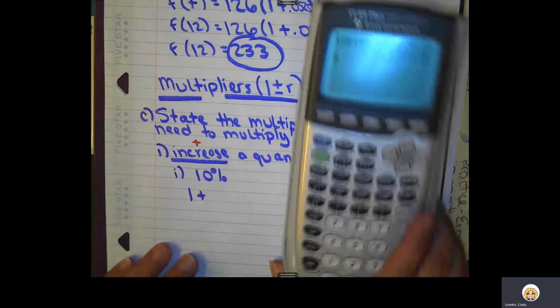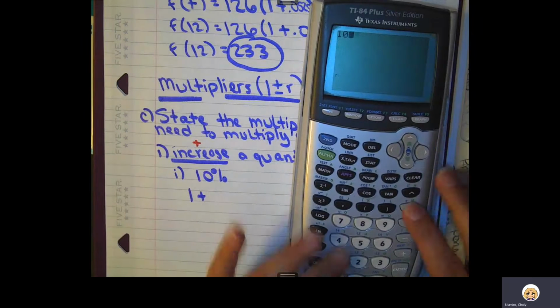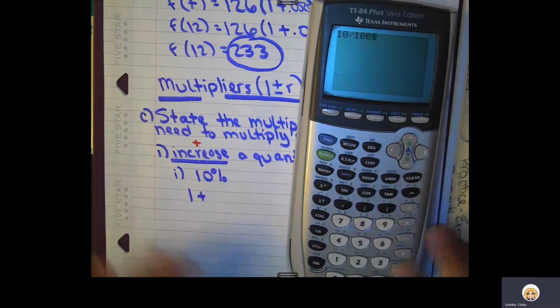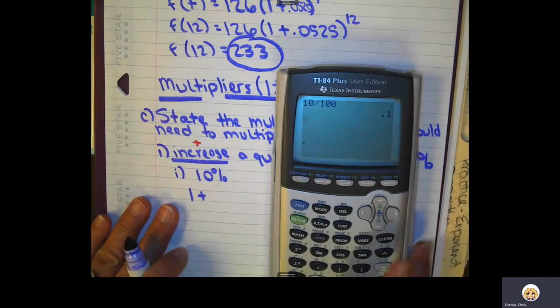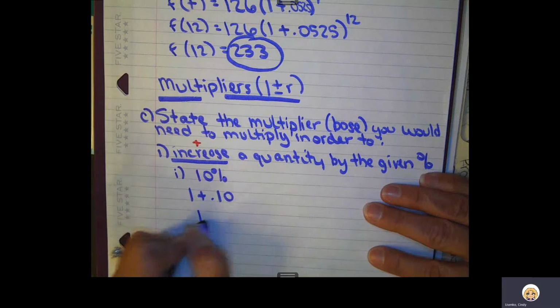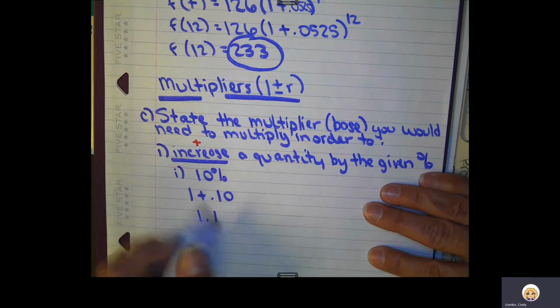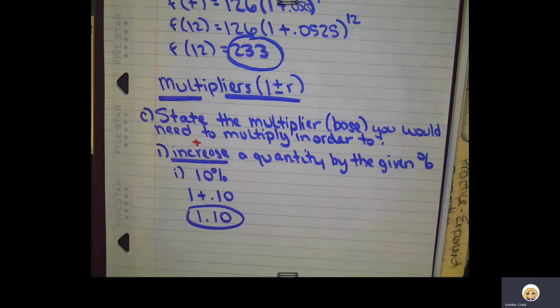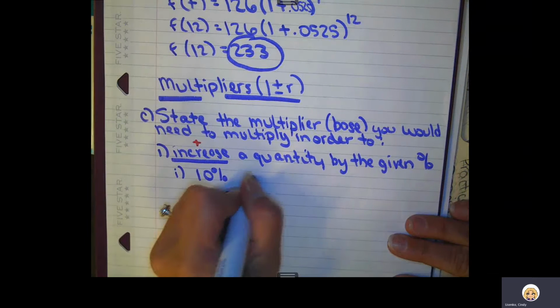Now, 10% is just 10 divided by 100 to change it to a decimal. So that gives us 0.1. So our multiplier is 1.1 or 1.10. You can write it either way. There's your multiplier. So again, the multiplier is just 1 plus the percent as a decimal.